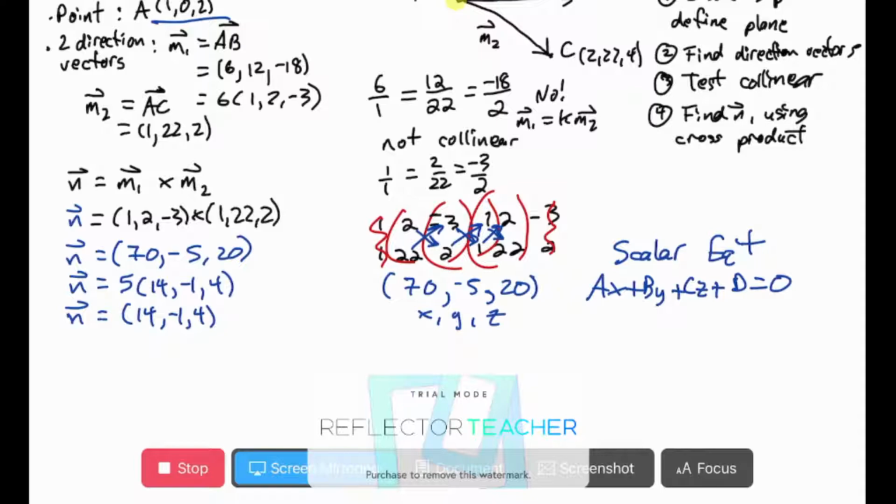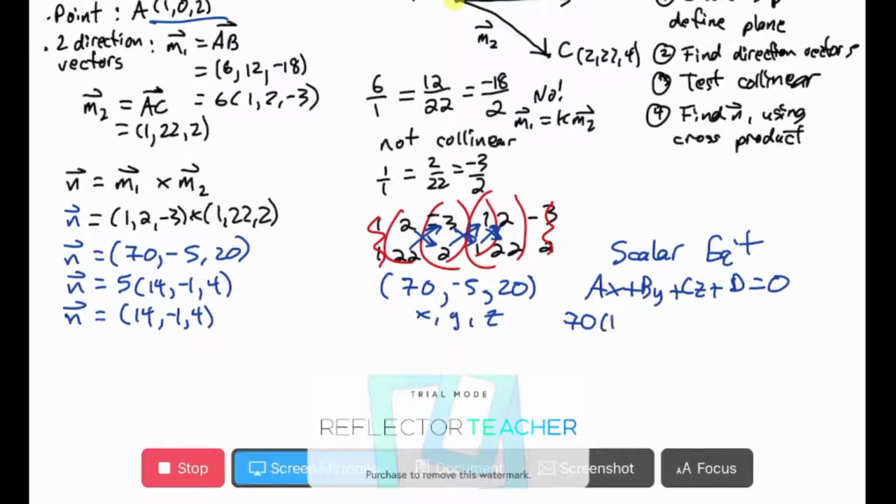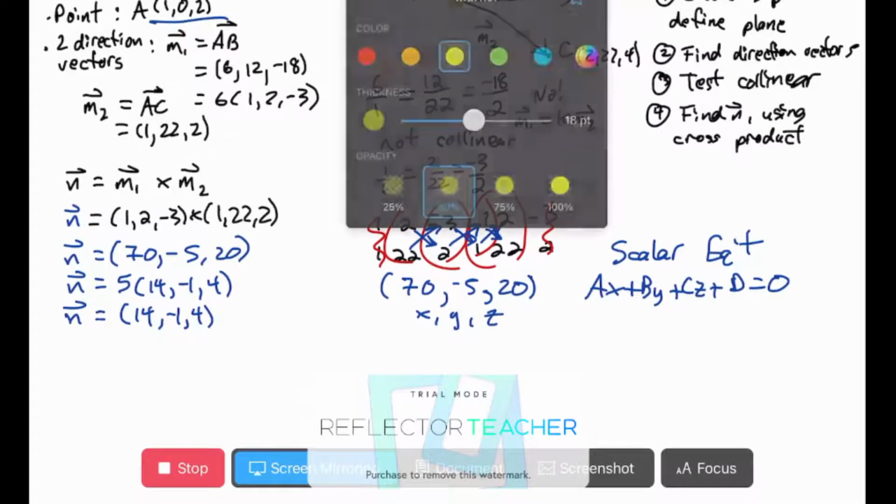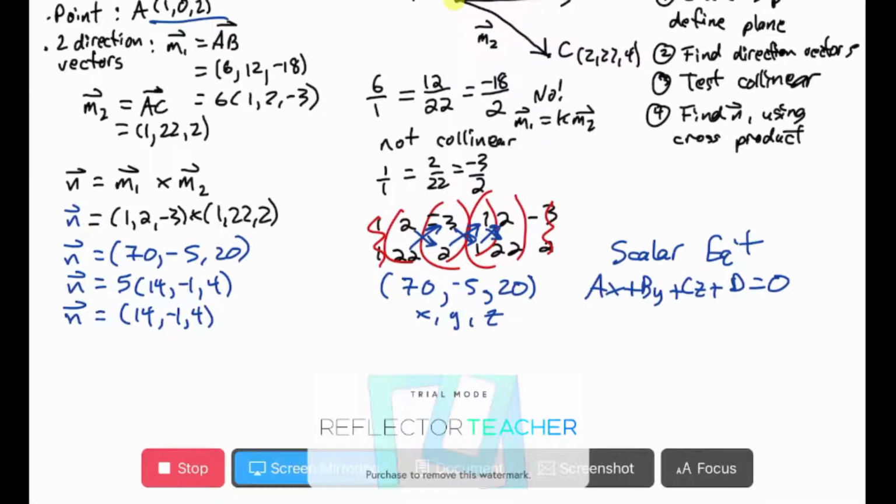A comes from our normal, so it's going to be 70, and x is my point, so 1, plus b from my normal is negative. Sorry, I forgot that we simplified. So I'm going to highlight this so I don't make this mistake again, and it's a mistake you might easily make as well. This is the point we're using. This is the direction vector we're using. I was still using this one. Let's use our simplified one.